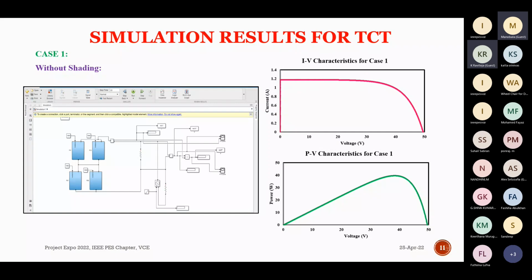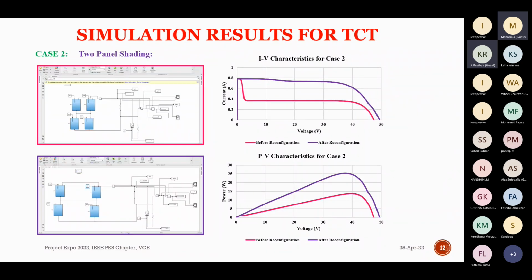Simulation result. We have validated in MATLAB simulation software. In the without shading condition, the power is a maximum of 40 watts. There are no power losses in the first case. In the 2-panel shading condition, the power is reduced to 13. After the reconfiguration, it is enhanced to 25 watts.